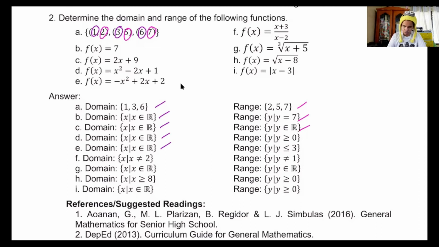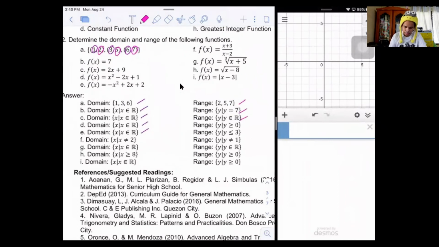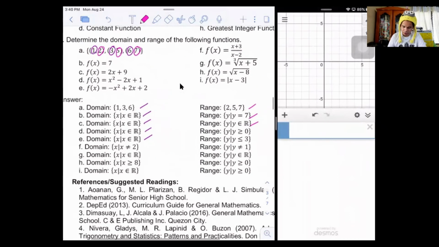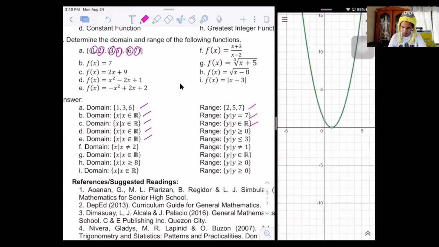Next, for letter D, if you have noticed, quadratic siya. It will be best if atong i-graph para mas makita gyud ninyo. Let us graph it. So we have here x squared minus 2x plus 1. Ano siya, guys?